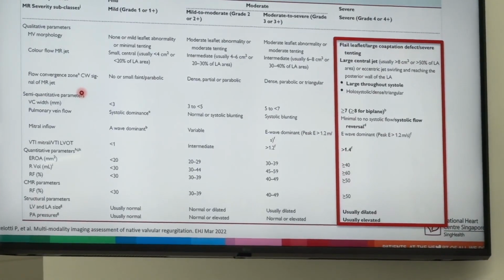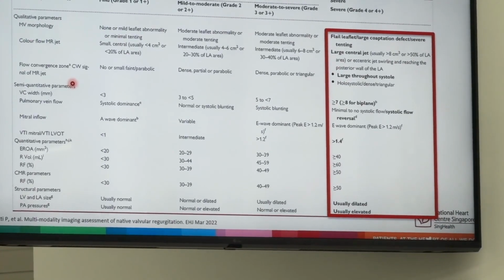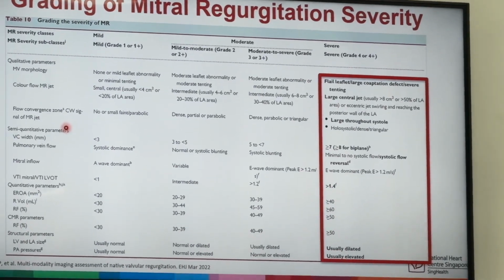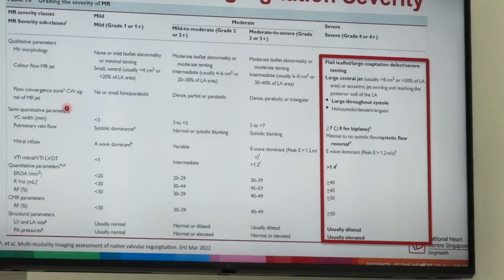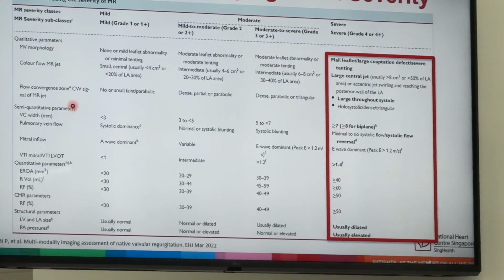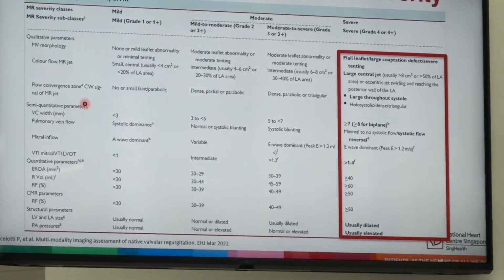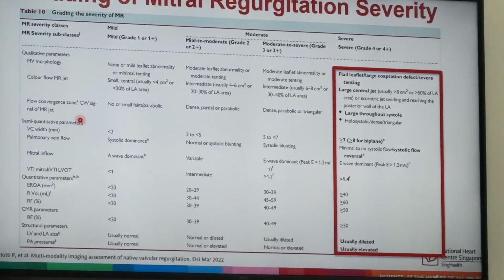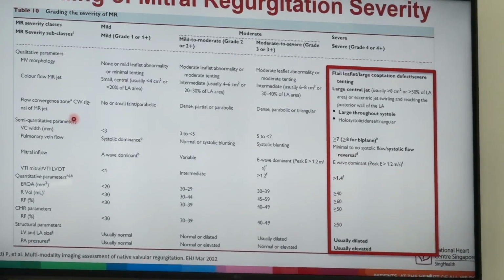And also the duration of the mitral regurgitation, just a limited duration or holosystolic duration of the regurgitation. Of course, there is also some semi-quantitative criteria that we use. And the other criteria that we use is actually the impact on the chamber itself. So when there is severe mitral regurgitation, the left ventricle is more likely to be dilated.